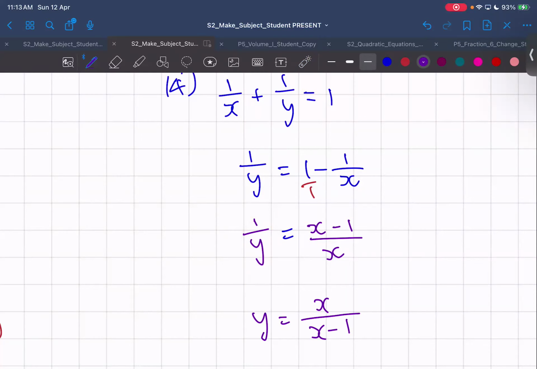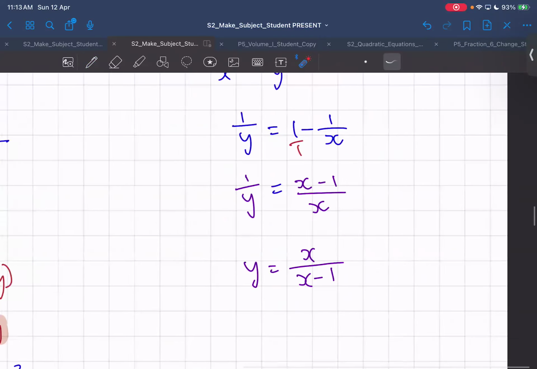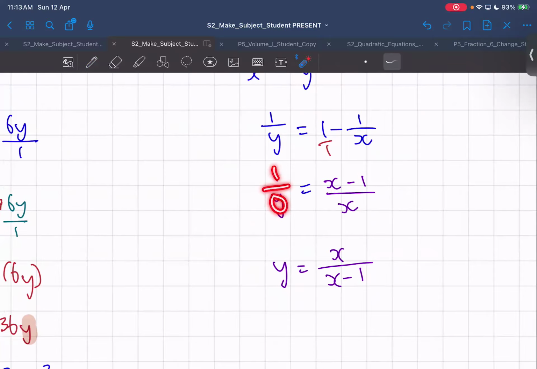The key trick to know when you have a reciprocal is you see 1 over something and the right side is also a fraction. Then to find the 1 at the bottom, just split. Technically this just means this is equal to this is equal to this.